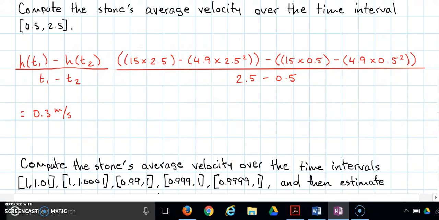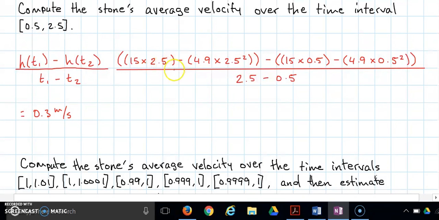Like for the question above, we use this formula, h of t1 minus h of t2 over t1 minus t2. t1 would be 2.5 and t2 would be 0.5.